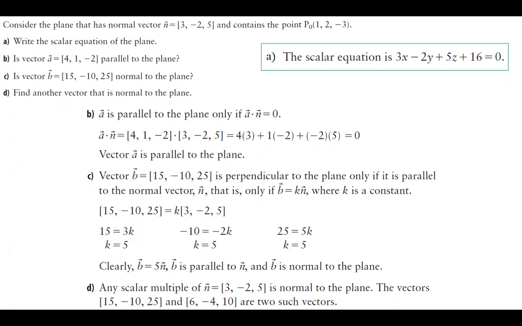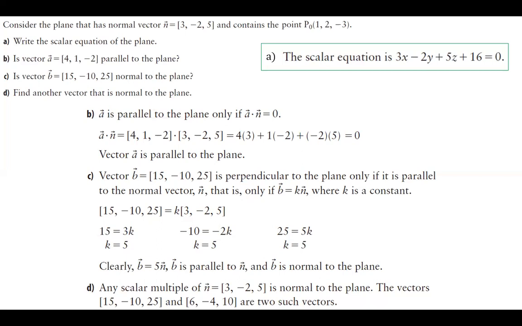Okay, in question C, we know that a vector is perpendicular to the plane only if it is parallel to its normal vector, which is equivalent to saying it can be expressed as a scalar multiple of the normal vector n, right? Which means vector B must be expressible as k times n, where k is a constant.